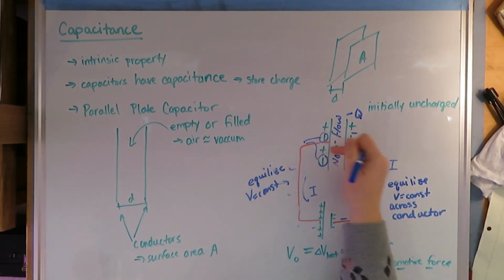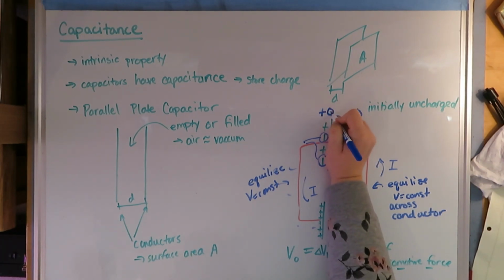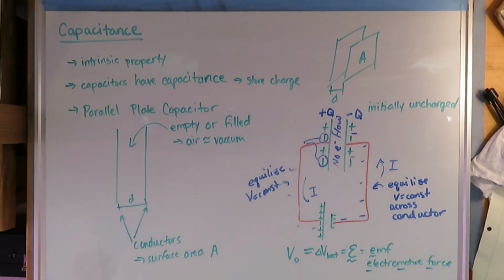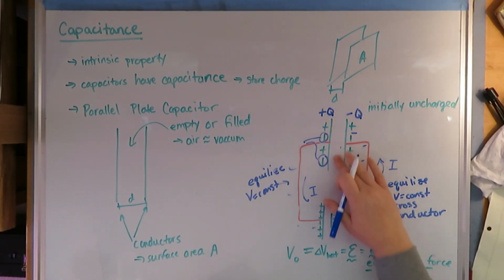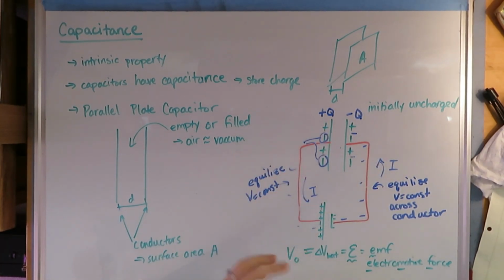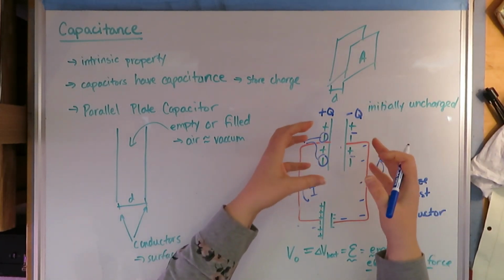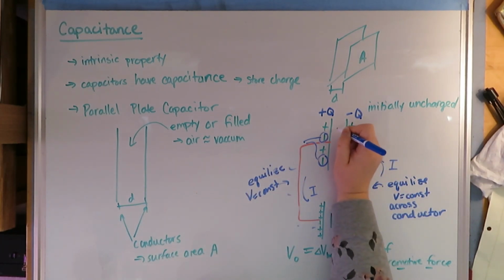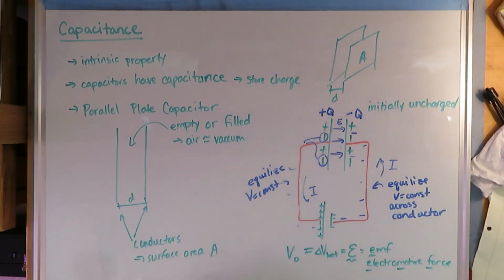What's going to happen though is we're going to repel a negative Q's worth of charge, leaving a positive Q's worth of charge on this positive side of that parallel plate. This process is going to continue until we have a difference in charge, which means there's an electric field. So we'd actually have an electric field inside of here pointing from positive to negative.